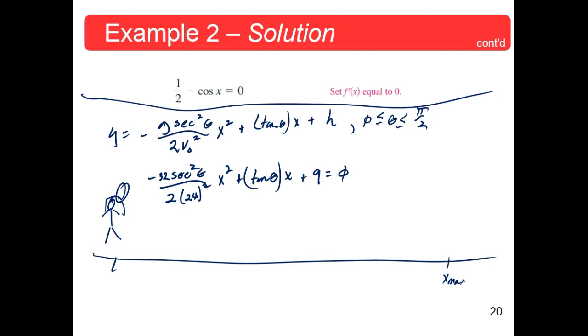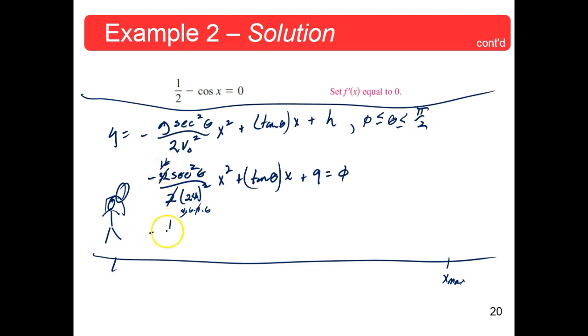We can make it a little easier, can't we? 2 into 32 will be 16. 24 is 4 times 6, times another 4 times 6. And 4 times 4 is 16. So that wipes that out.